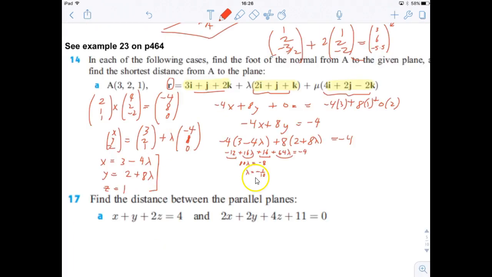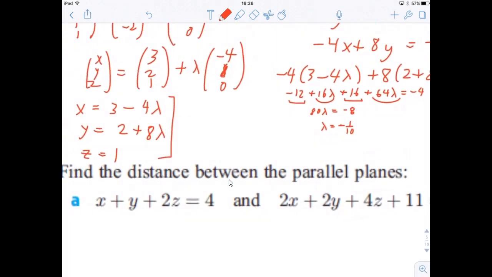So if lambda equals negative 1/10, what is the location of the foot? We would plug it into here or into here and find out what our x, y, z's are. So let's see. Look at that, x is 3 minus 4 lambda.